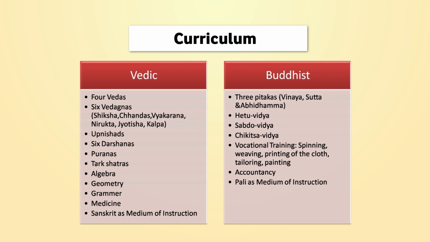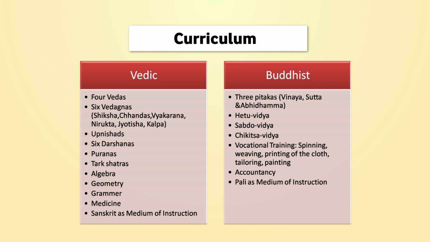Vedas, Vedangas such as Shiksha, Chandas, Vyakarana, Nirukta, Jyotisha, Kalpa, the Upanishads, Darsanas, Puranas, Tarkashastras, etc. were given during the Vedic period. Along with those, the curriculum also includes mathematical areas such as algebra and geometry, literary areas like grammar, and science, medicine and all.